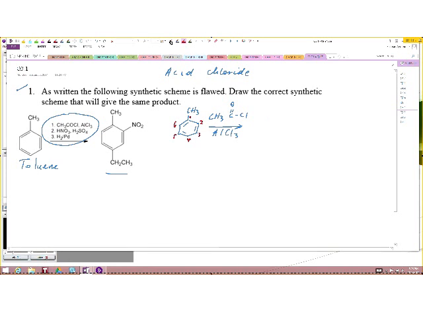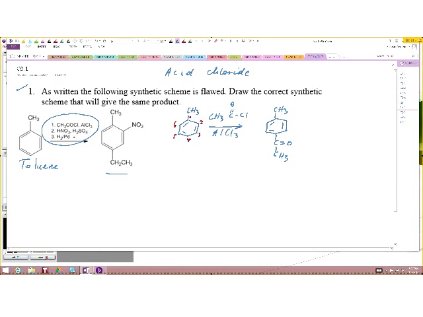So we expect to get this. The acetyl group has replaced the hydrogen on carbon number 4.